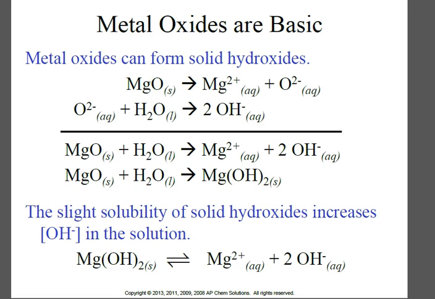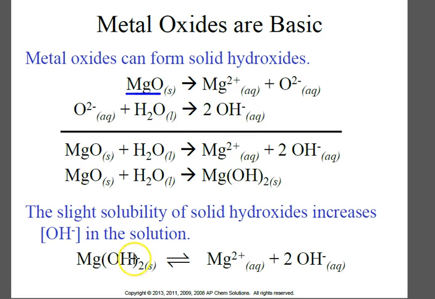All right, a few other things that change the pH here, metal oxides. If you have a metal attached to oxygen, not hydroxide, we know that's a base. If you have a metal attached to oxygen, then it can do this right here. It can break apart into your metal and your oxygen. Then your oxygen can go pick up a hydrogen from water and make some hydroxide in the solution.